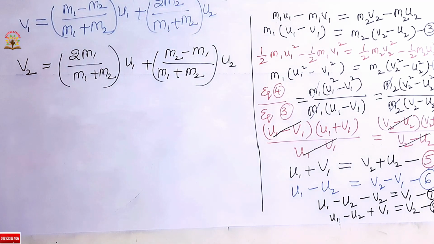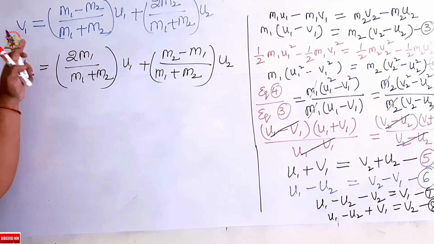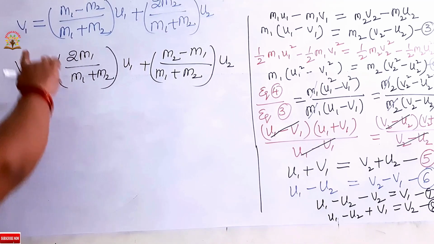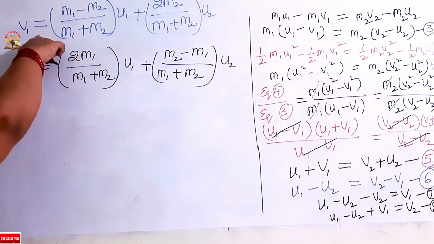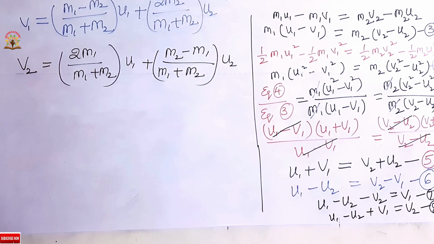These are the final velocities after collision. v1 indicates the first body, v2 indicates the second body.